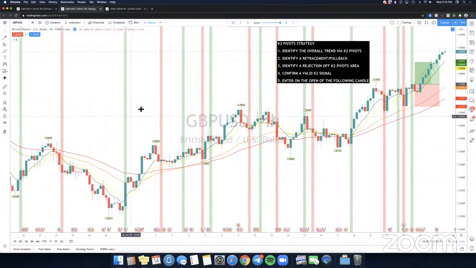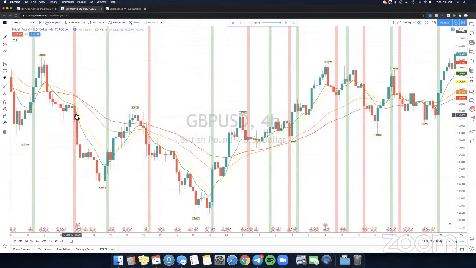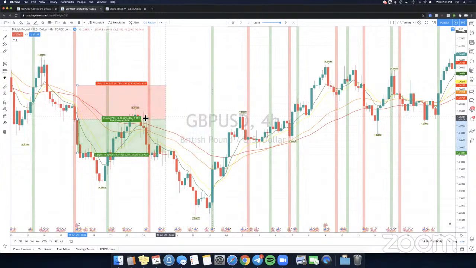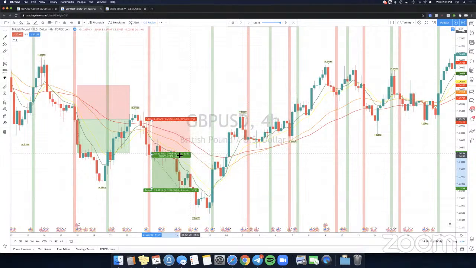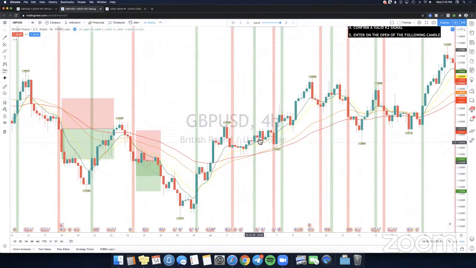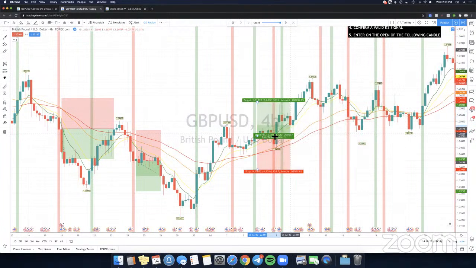But yeah, that's a quick example right there. Price is below, obviously you're only going to take sell here for a win. Sell here for a win. You would take a buy here actually. So this would be a buy, it's above the pivots, it's an entry right there. And all of these are pretty much wins.